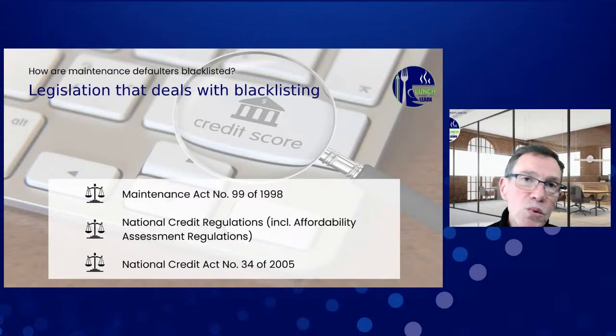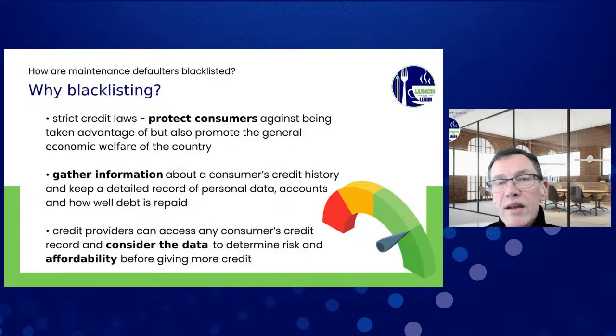The Maintenance Act also deals with certain provisions of blacklisting, where the details of the defaulter could be handed over to the credit bureaus for listing on their system that could be used by any of the credit providers.